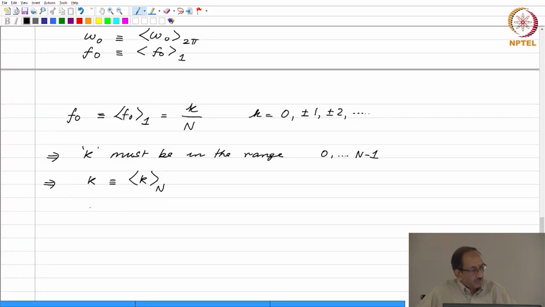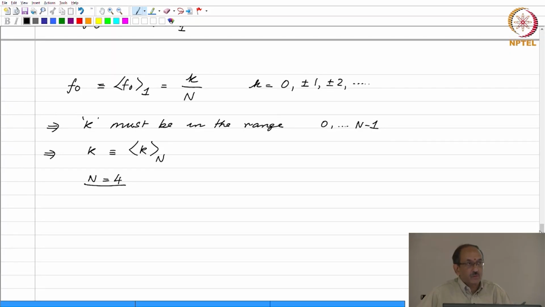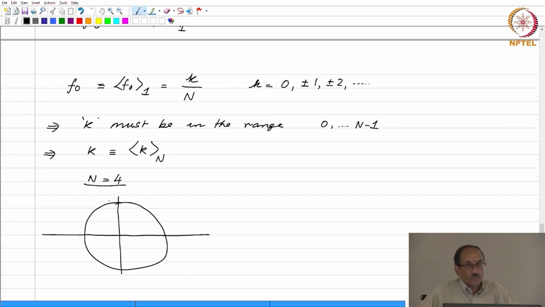Therefore, for example, if you take N equal to 4, remember we are now looking at complex exponentials that are periodic. I am now plotting the various frequencies that are possible, assuming that the periodicity is 4, all right.